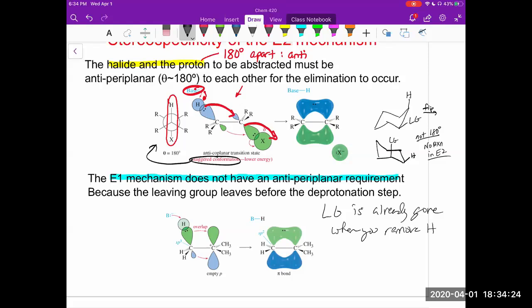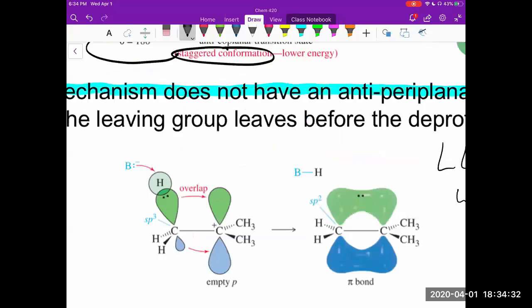So there's no point talking about them being anti-periplanar because the leaving group left the picture. And this shows an example of that. There is no leaving group here. It has left already. We have a carbocation. I can pull any H off that I want to. I could get the one that they're showing, I could get that one, I could get that one. Doesn't matter because I don't have to push out a leaving group. It's already gone.